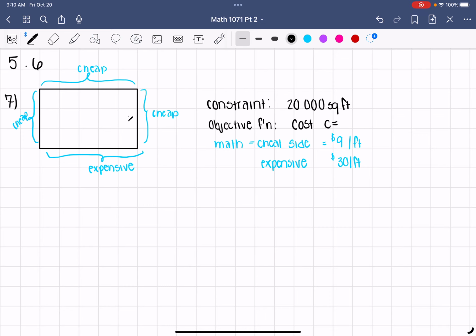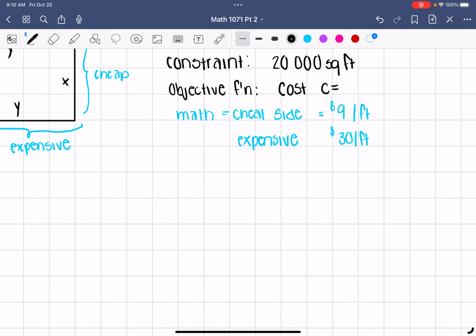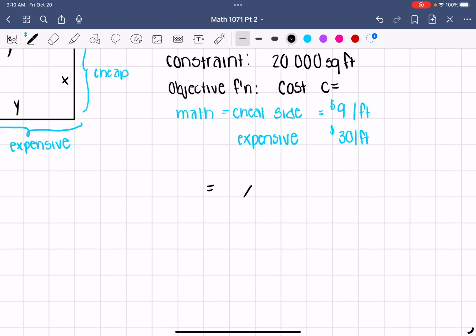Which leaves you with the expensive side, which is 3 times as expensive. So all in all, your cost function turns out to be AX plus AX is 2AX, and AY plus 3AY is 4AY.